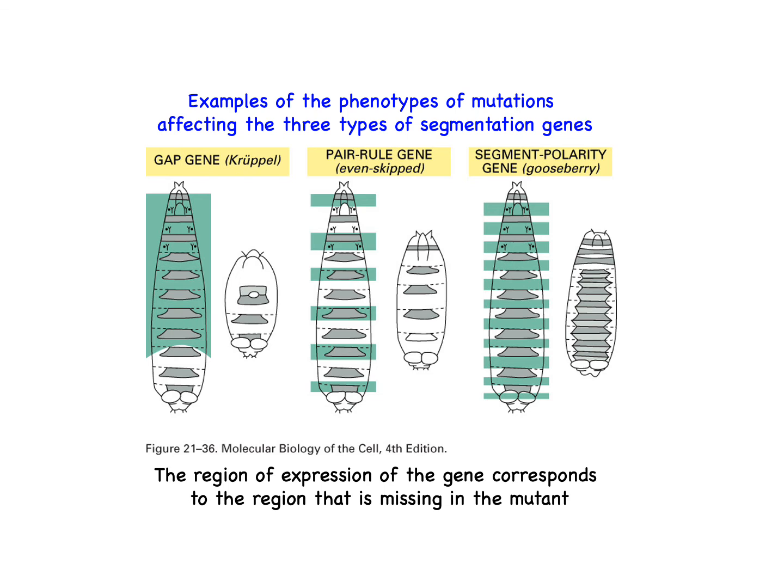So that area where Krüppel is normally expressed fails to develop. Now, of course, this embryo is not going to live very long, but it does develop into a non-viable larva. The pair-rule genes, again, are expressed in every other segment, and so a mutation in a pair-rule gene will cause the development of only half the segments, so you get only 7 segments instead of the normal 14.